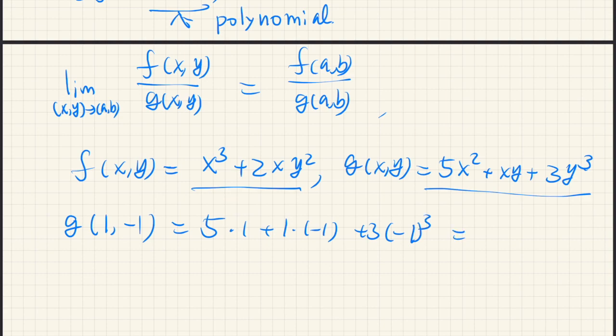So this is 5 minus 1 minus 3, so this is 1. So this is not 0.